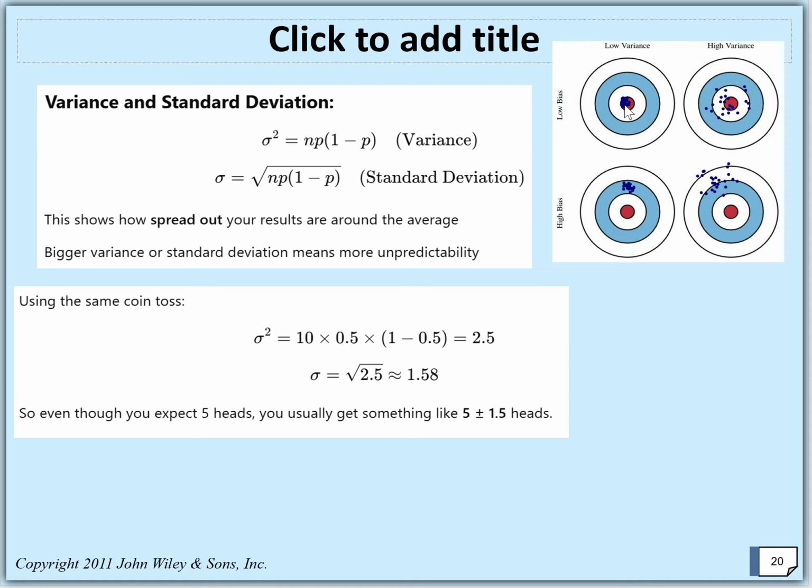Very low variance means that all his points are really close together. All his throws aren't too far apart. On the top right, you have a player who has very high variance. That player most of the time is away from the bullseye, but if you take an average, it's all scattered around the bullseye.